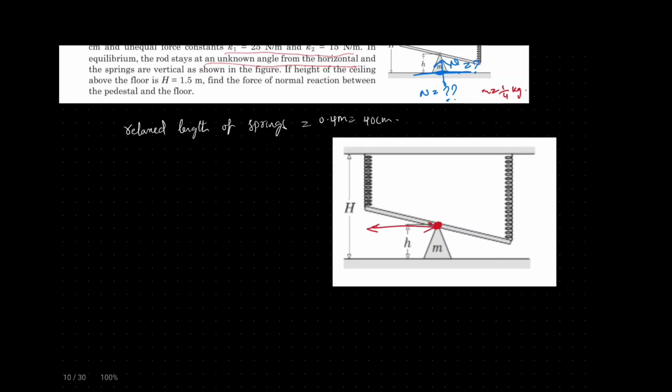The distance must be equal on both sides, a and a. So if we take force F1 here and force F2 here, F1 must be equal to F2 to balance the torque.